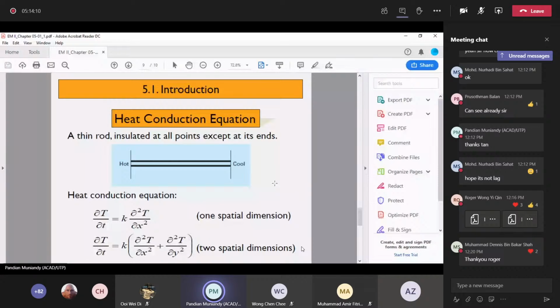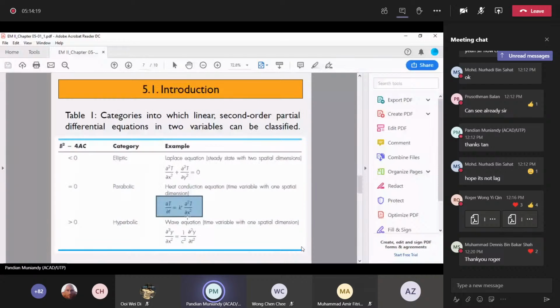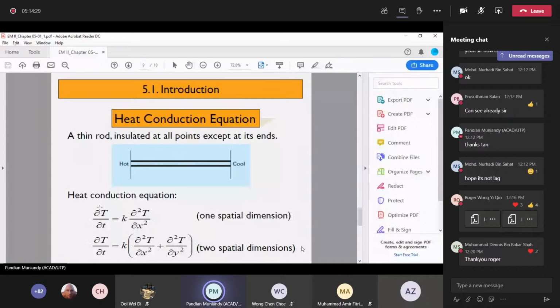In the previous slide they put K dash, but you can put K, it doesn't matter. I think there may be a typo here: del T over del t. Capital T is the temperature, depending on time, on the left-hand side, equals K, a constant, on the right-hand side, del square T over del x square.